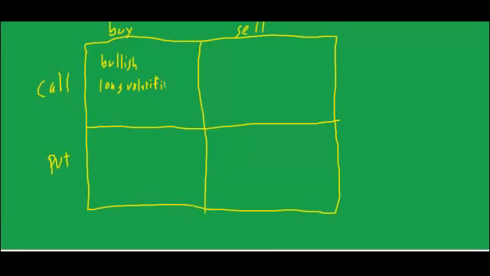I can't spell that in public. And if you sell the option, you're bearish and you're short volatility. So you're hurt if the stock price is volatile, and you're hurt if there's just a general downtrend in the stock price.